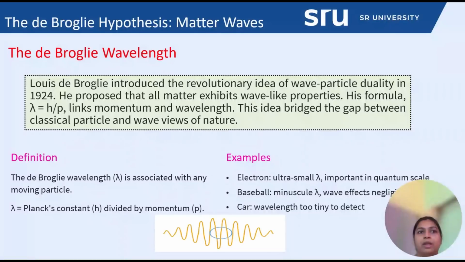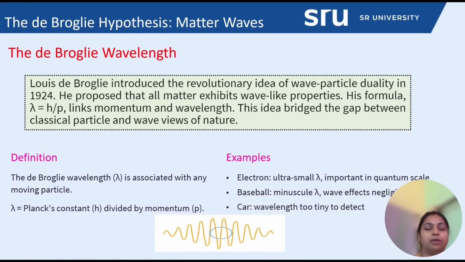And de Broglie asked a question: if light can act as a particle, can matter act like a wave? So here came the de Broglie hypothesis in 1924.